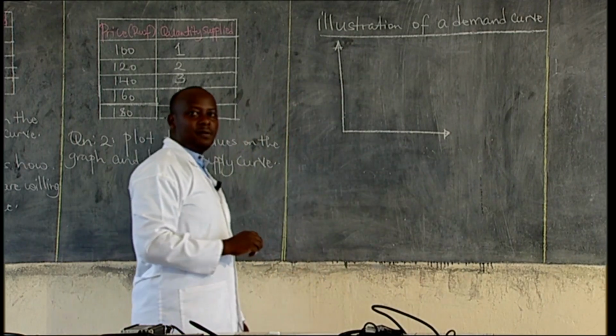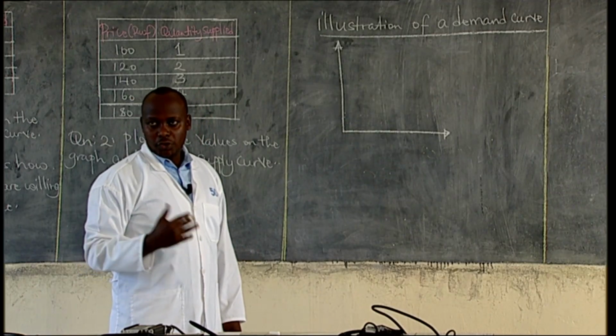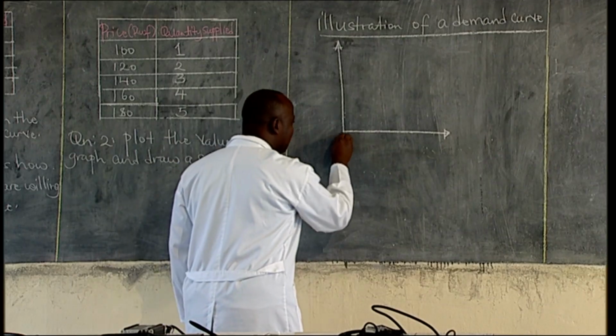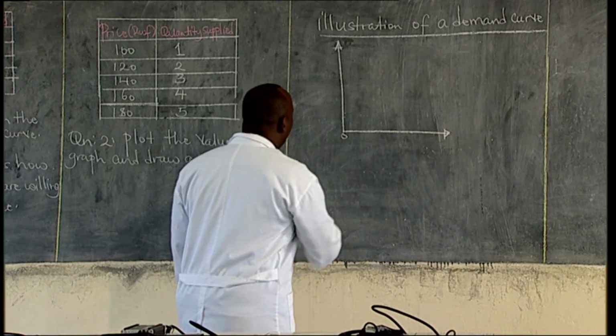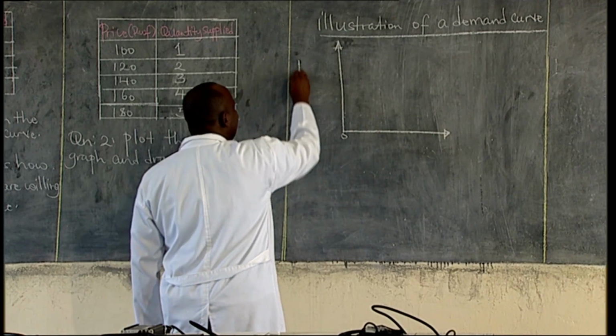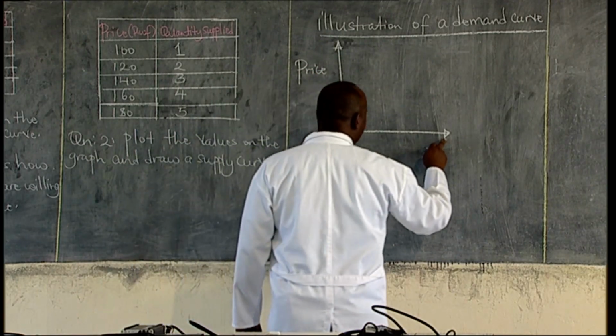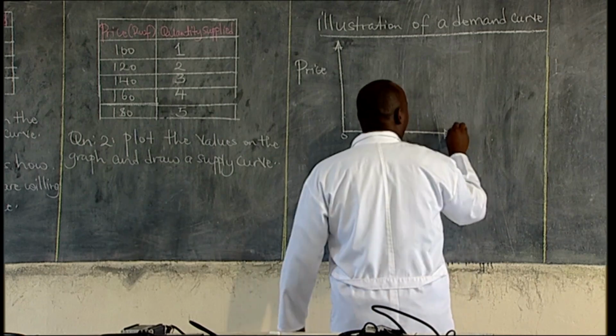Any curve must have an origin, because when we start counting, we count from 0. Now, on the y-axis, we indicate price. And on the horizontal axis, we indicate quantity demanded.